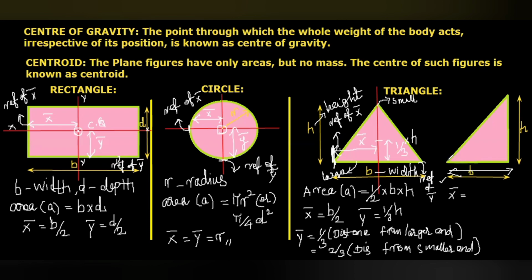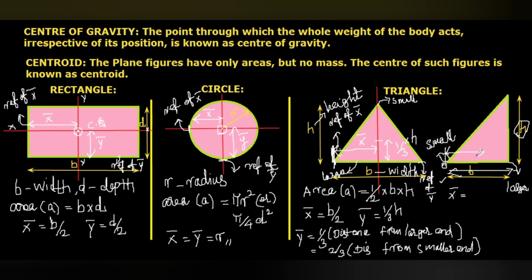For b, this is the smaller end and this end is the larger end, because here the vertical height is 0 and here the vertical height is h. But we know that for x bar, we will take this leftmost line as the reference. From here, we have to calculate the value x bar.